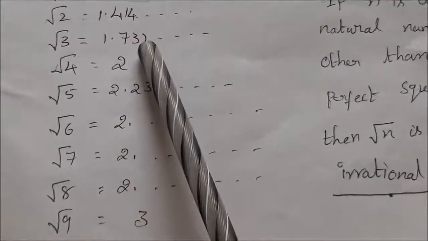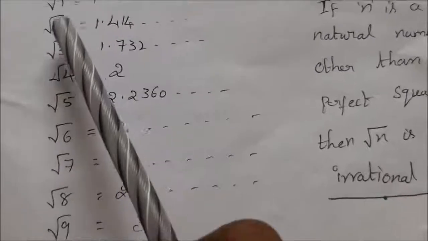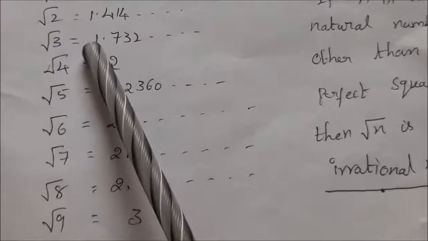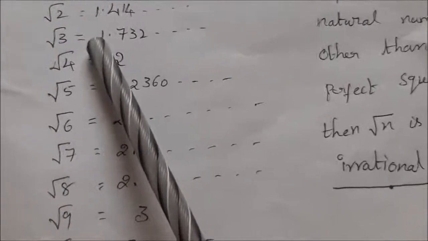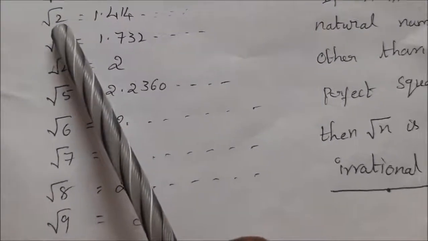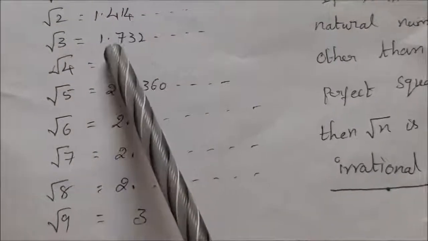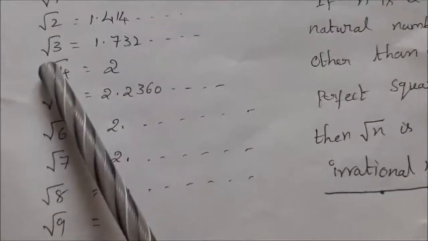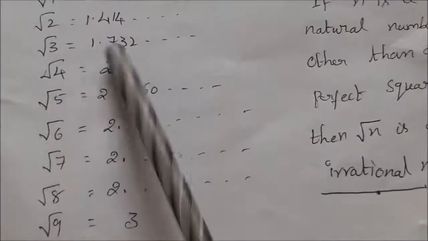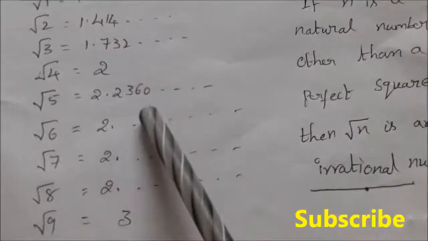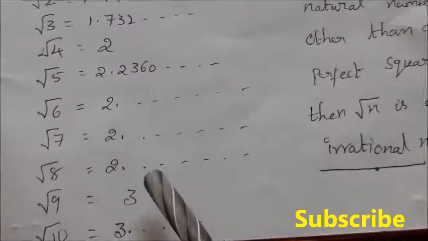If any number is not a perfect square, then the square root of that number will be an irrational number. See here, square root of 2. Square root of 2 doesn't have any perfect square. Square root 3 also doesn't have any perfect square. So that's why square root of 2, square root 3, square root 5, square root 6, all these are irrational numbers.